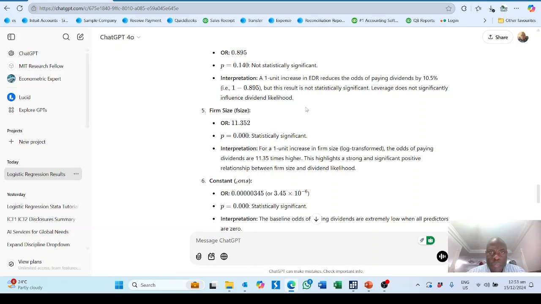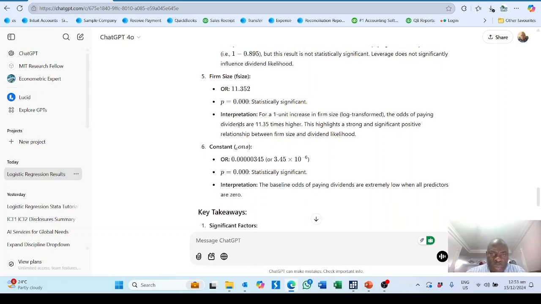So that is how it goes. But this is not statistically significant. Leverage does not significantly influence the likelihood of dividend payment.